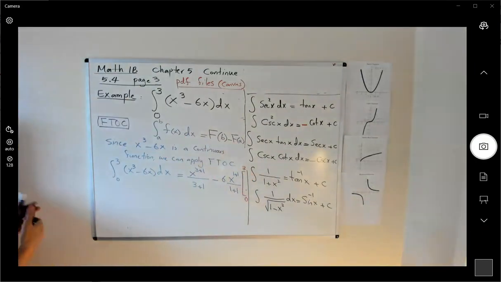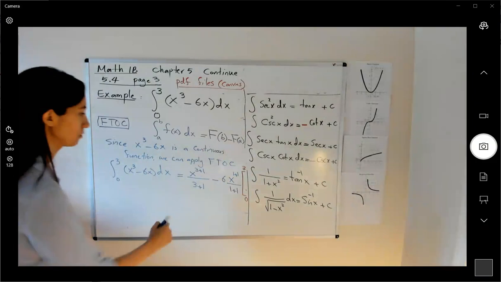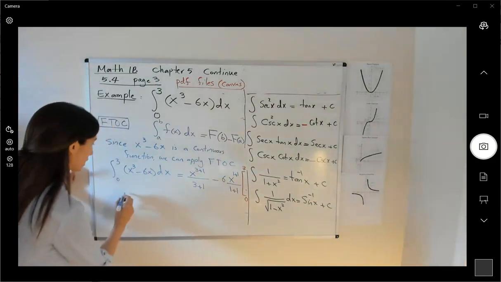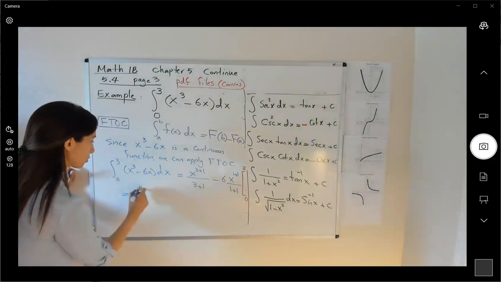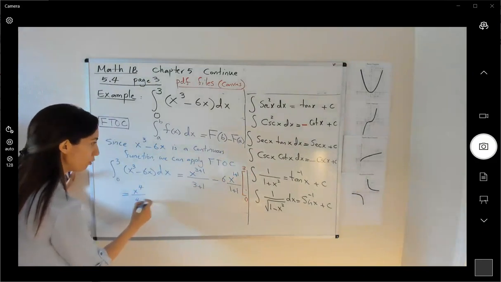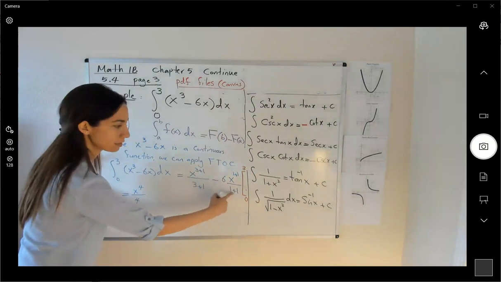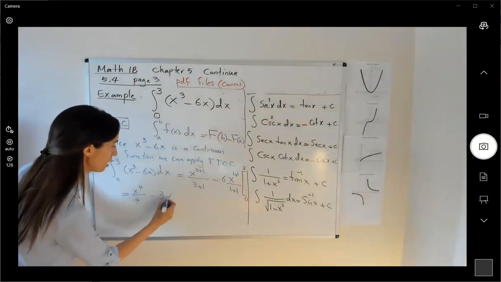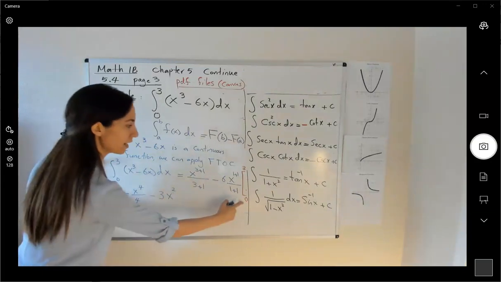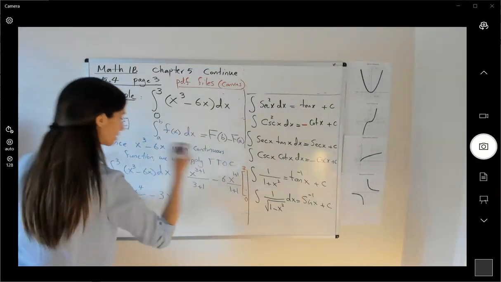The first term is x cubed plus 1, x to the 4, divided by 4, minus 6 divided by 2 is 3, so you get minus 3x squared, and x ranges between 0 to 3.